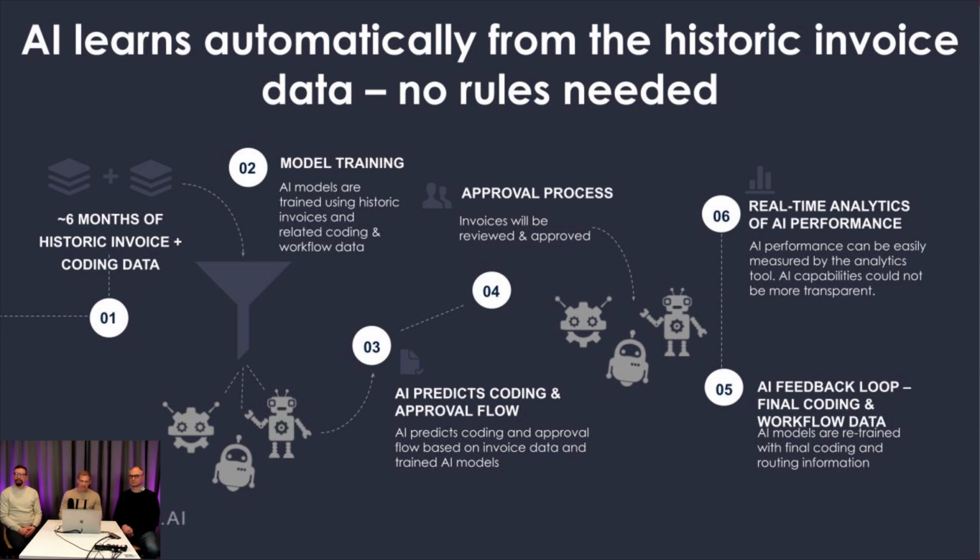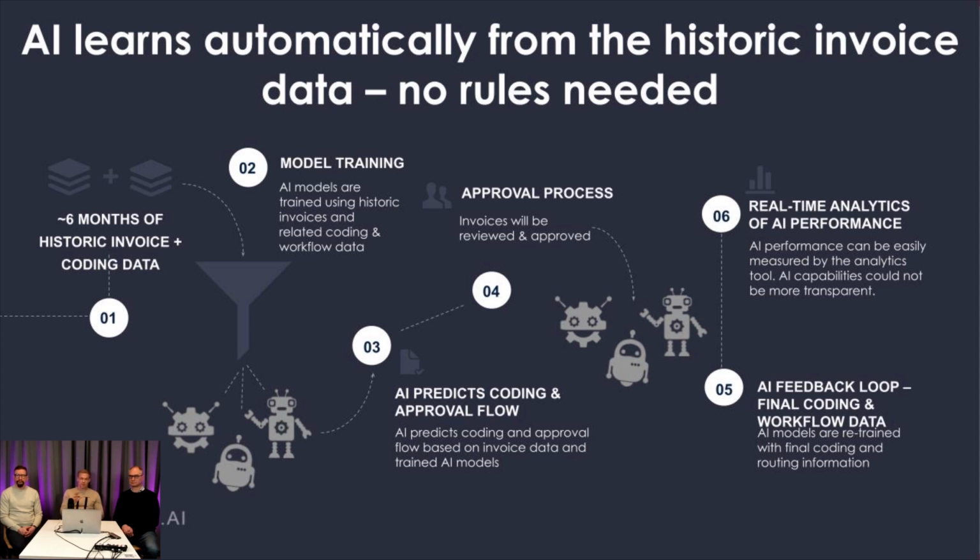And training the AI model, what does it actually mean? Basically, we take every single one of those historic invoices and the coding data to train the AI. The AI will start going through those invoices one by one. First, it will look at the invoice itself, the invoice image and the structured OCR file. It will go through every single data field in the invoice, everything like supplier data, all the header information, amounts, and all the line items as well.